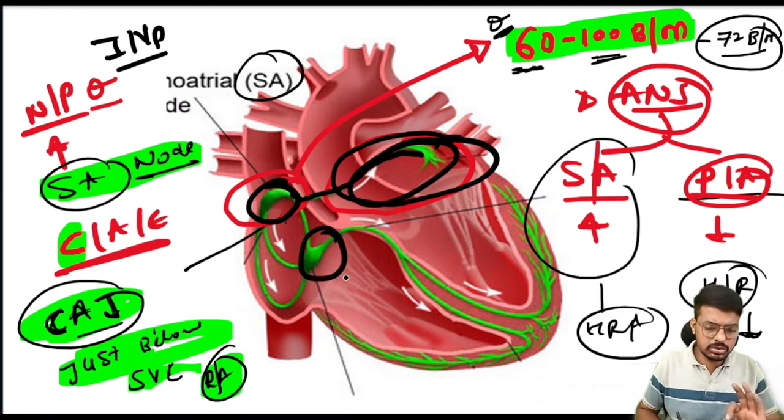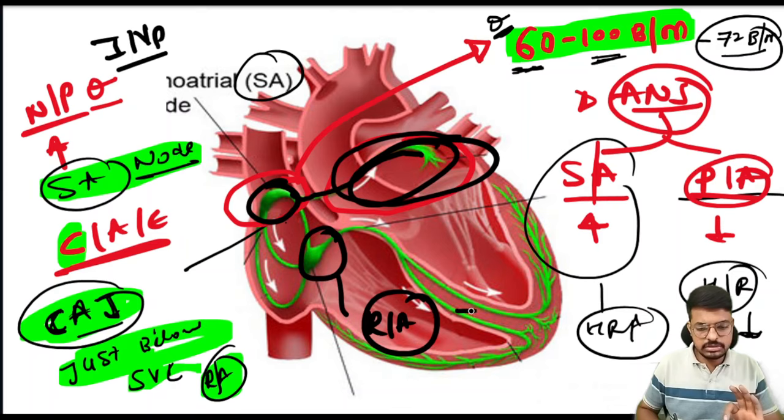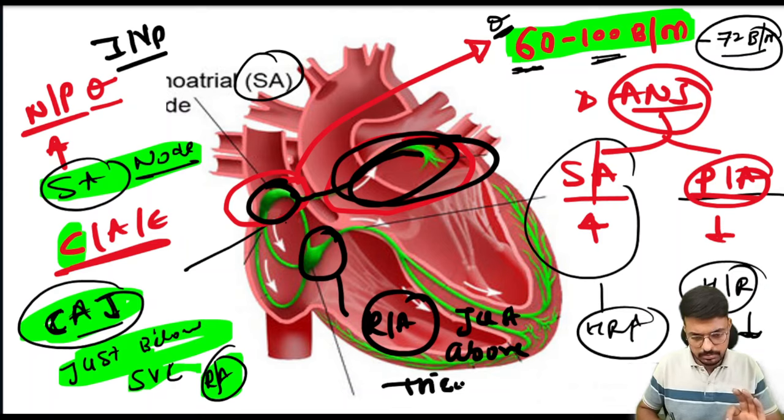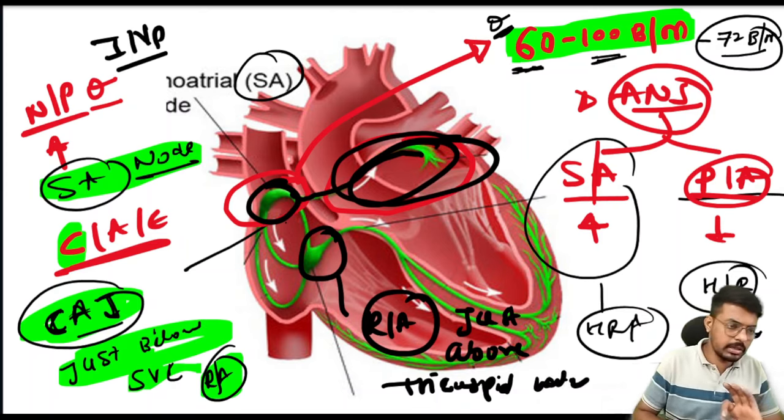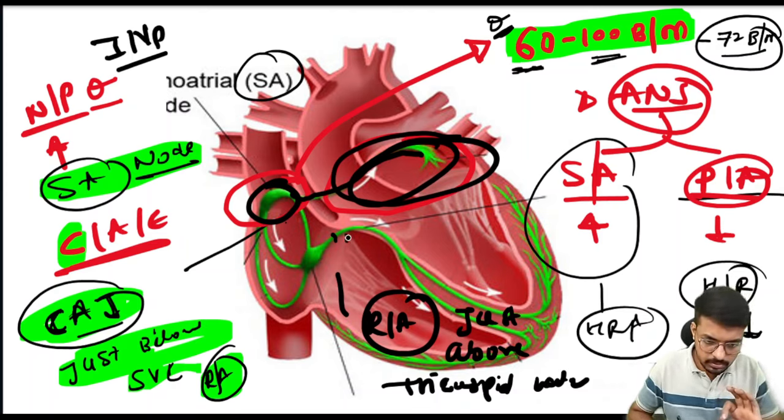So then few points on the AV node. AV node is also located in the right atrium, just above the tricuspid valve. Look at the image here, bachcho. So this is the tricuspid valve. Here we are having the three cusps, right?